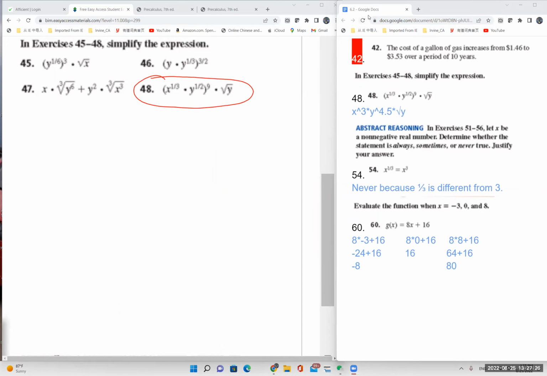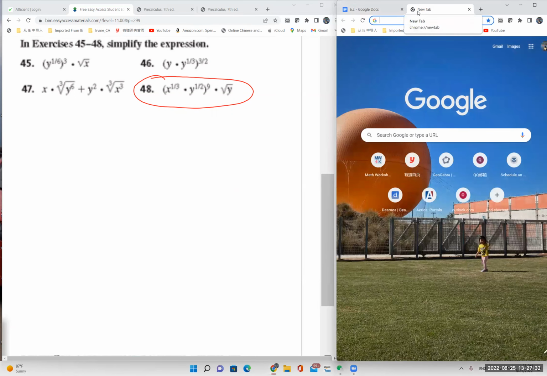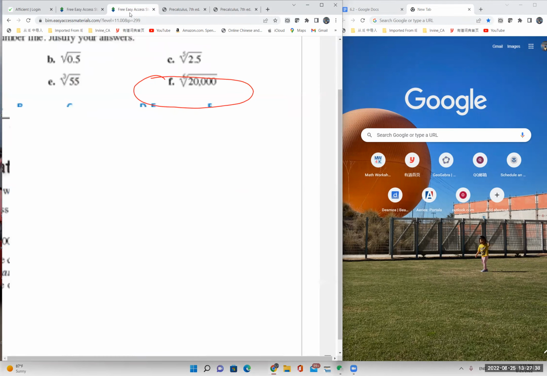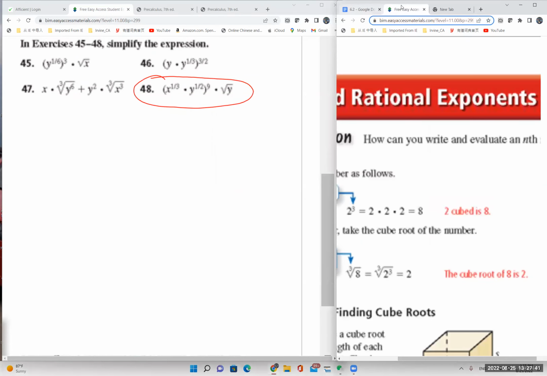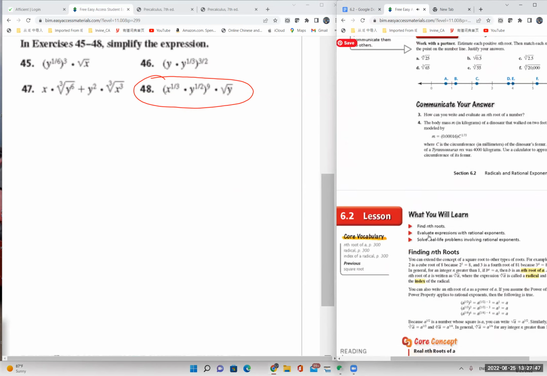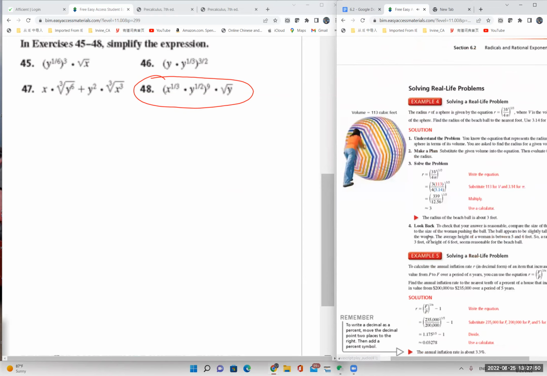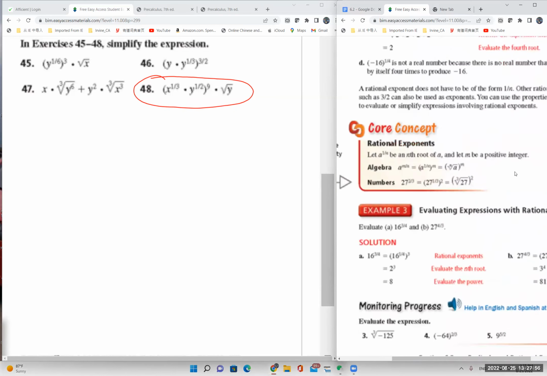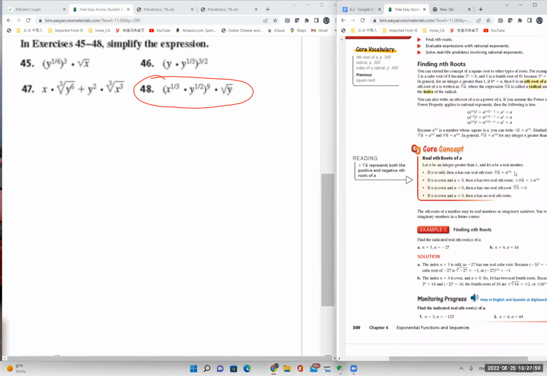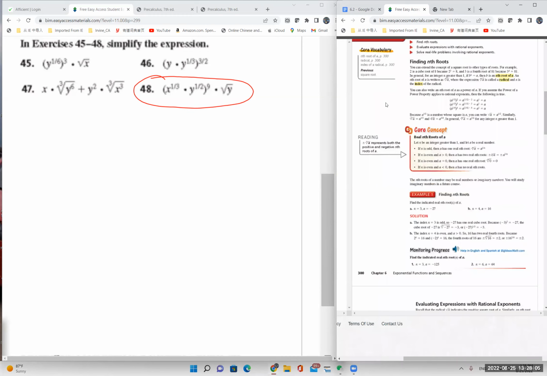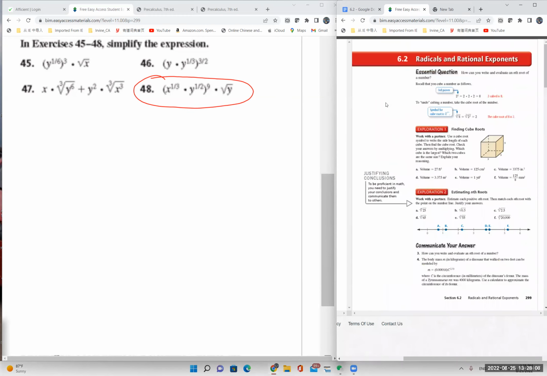Let me try to find the one for you. Let me duplicate one, then move it here. So, how can you write and evaluate an nth root of a number? Maybe the formula is in section 6.1. So let's go back to there.